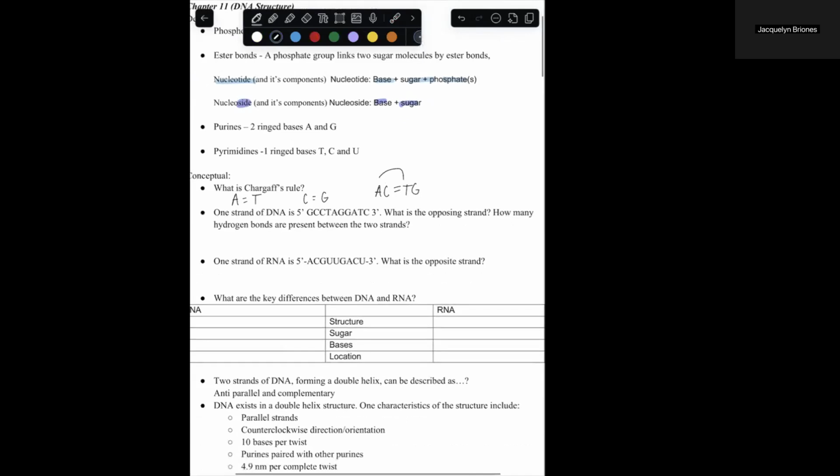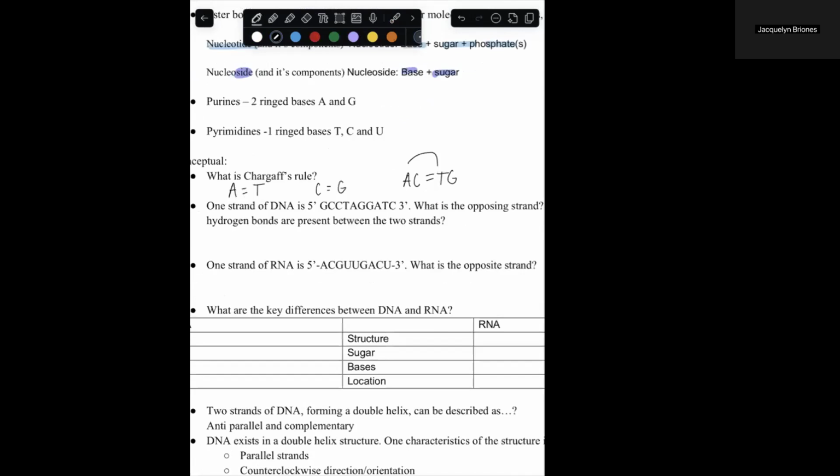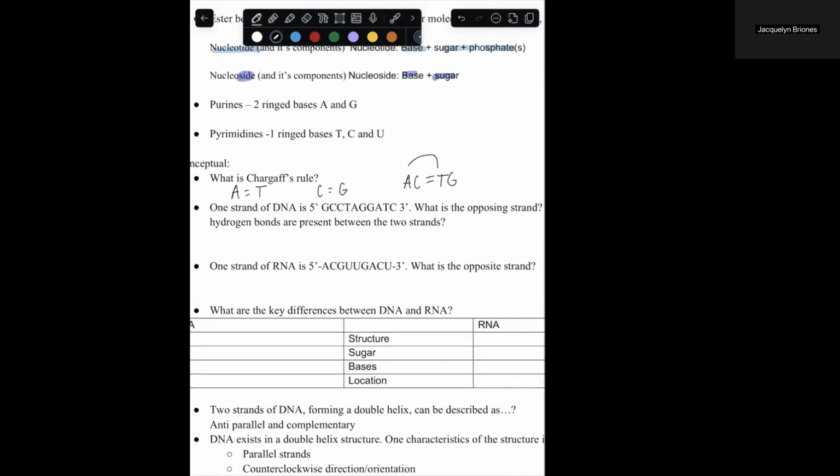One strand of DNA is given. What is the opposing strand? How many hydrogen bonds are present between the two strands? What I always like to do is, we know DNA is anti-parallel, so I'm going to draw straight through the question. This is going to be my 3 prime, and this is going to be my 5 prime, because DNA is anti-parallel.